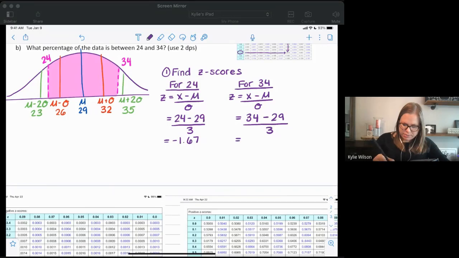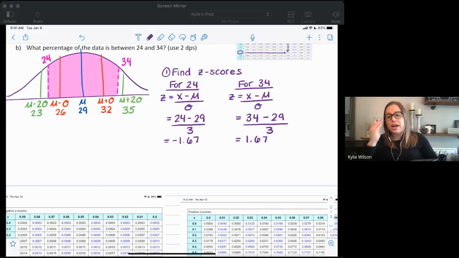And that will give us 1.67. Now, when we are working with a range, it won't always be like this where I have negative 1.67 and 1.67. It just works out that way. But the steps that we'll use to determine our percentage of points in this range will be the same each time.